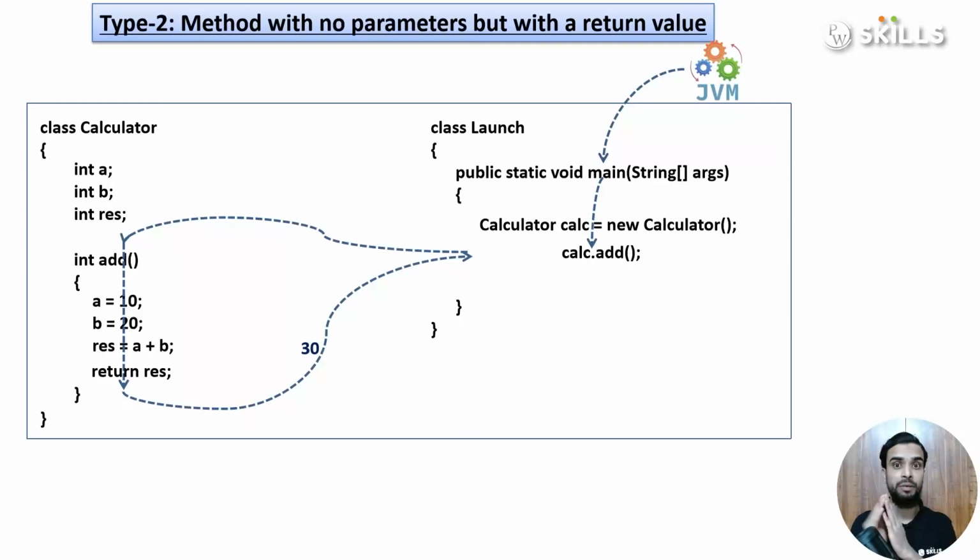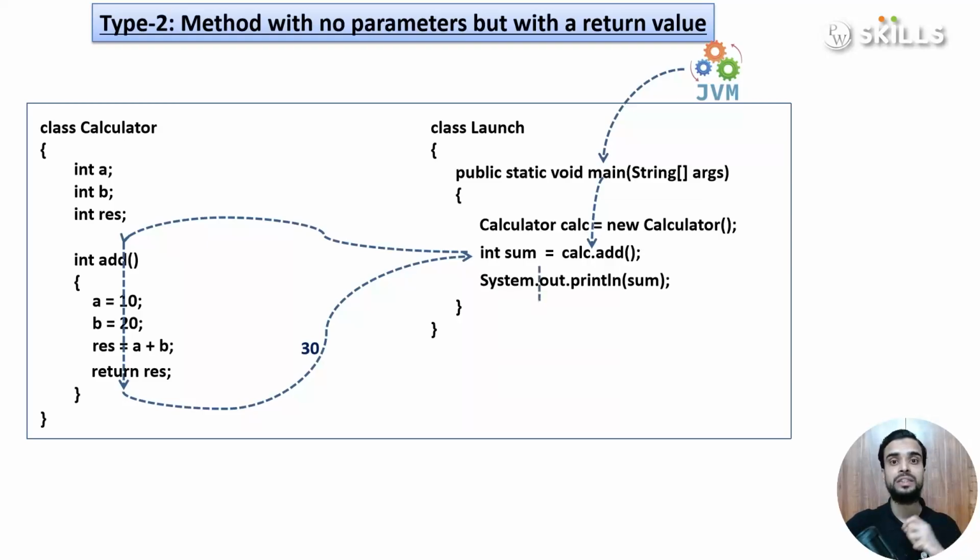That is why within my main method, I am going to store the value, whatever the add method is going to return to me, within a variable called sum. And since the add method is going to return an integer value, it is simply common sense. I have to declare a variable which is going to be of integer type. Hence, it is this variable sum which is going to receive the result of the addition operation, which is nothing but 30. And all that I would like to do within the main method in the next line is simply display the value of the variable sum onto the output screen.